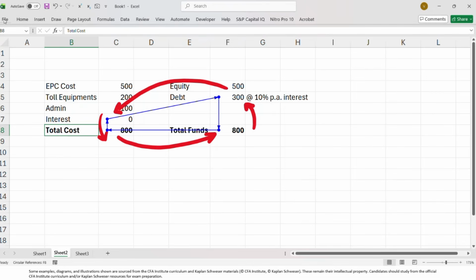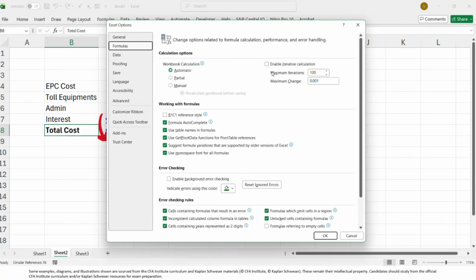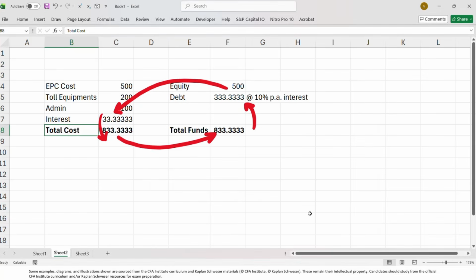If I activate my Excel for this infinite loop, you will notice the Excel runs 100 times and gets you a very good estimate on 100 iterations.